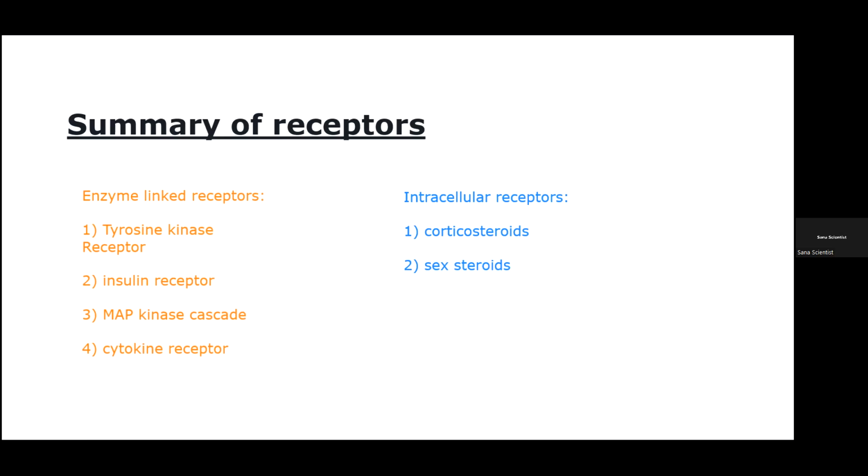And we have the insulin receptor. Insulin receptors are about 51 amino acids, and the active form is T-shape. You probably know that the inactive form is U-shape, and you should know how the insulin receptor and insulin pathway works. This is important for diseases such as diabetes.